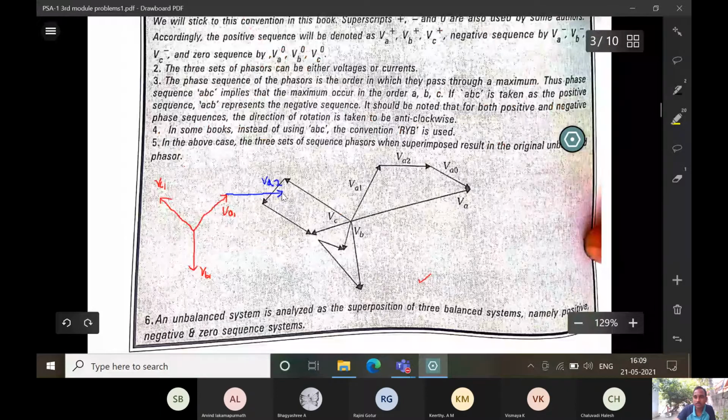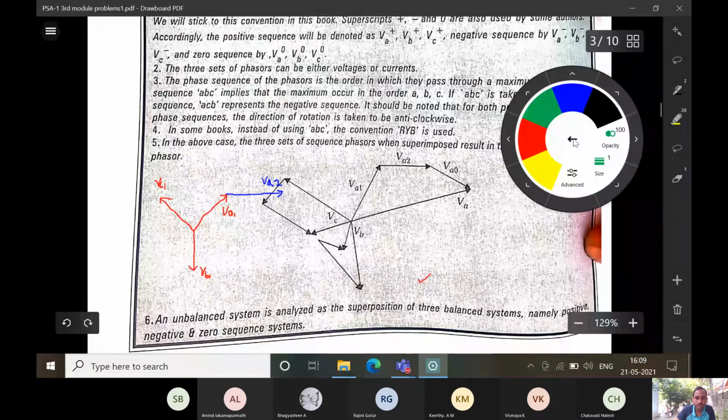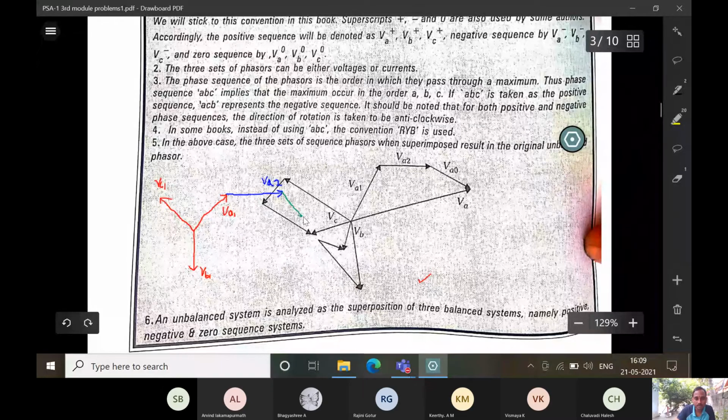I will take another color for VA0. Finally, you join all these three from the initial point, and this is called VA.